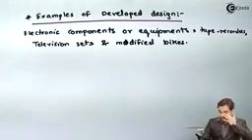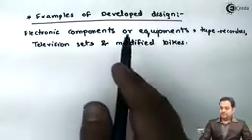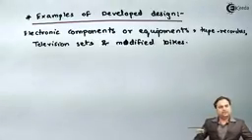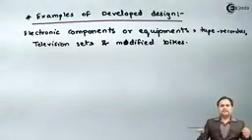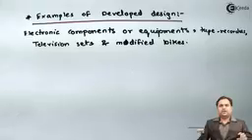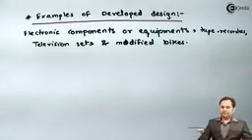So as we have seen, these examples come under the category of developed design, where we are using the existing model just for reference and a completely new product is developed.